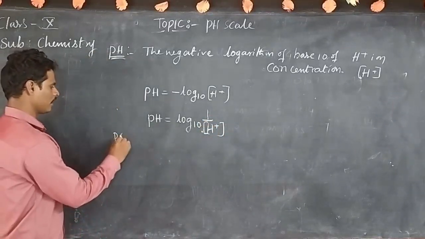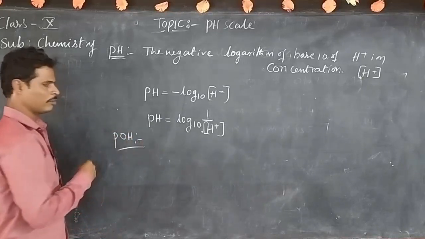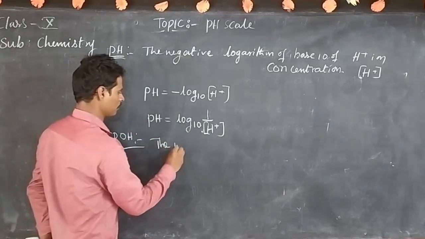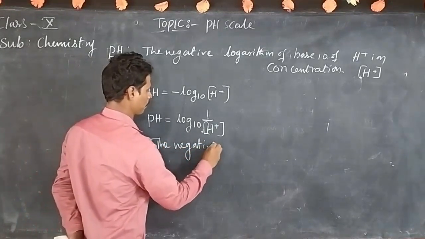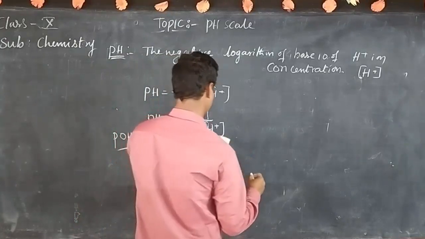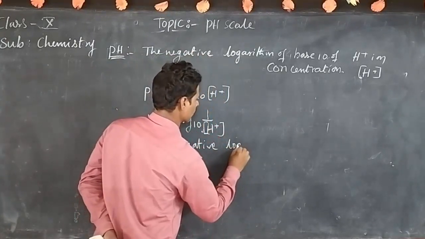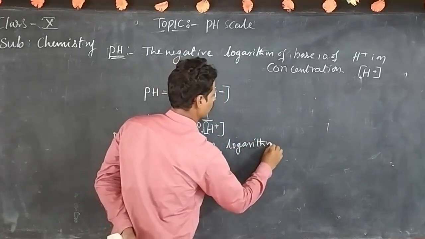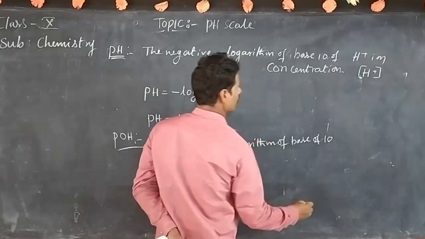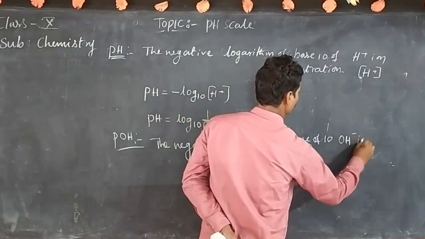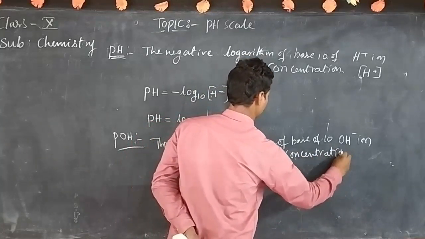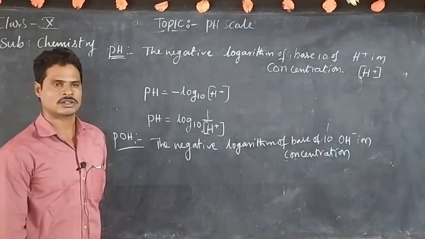Next, the second one is pOH. What is the meaning of this one? This is applicable for bases. It is the negative logarithm of base 10 of the OH minus ion concentration.